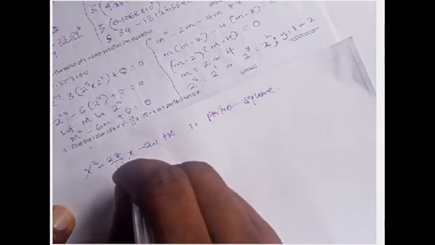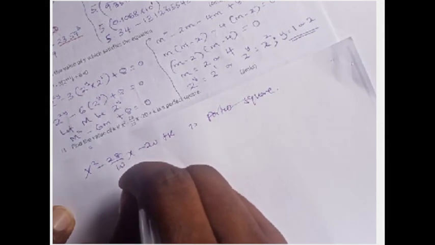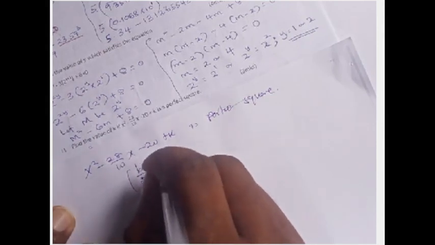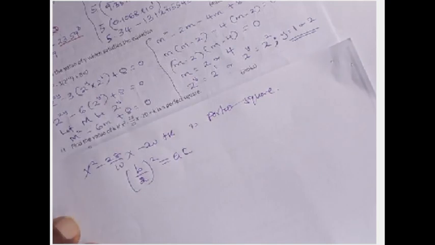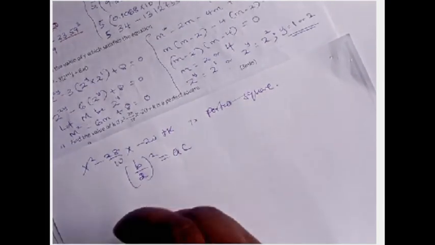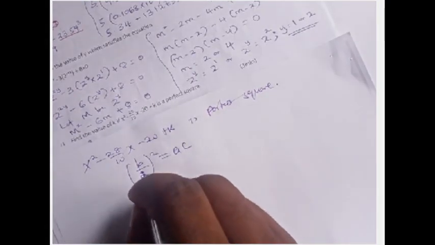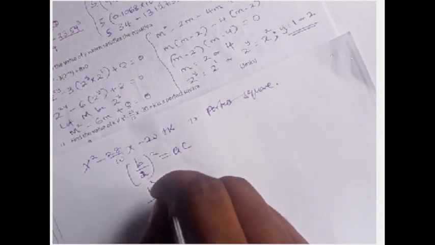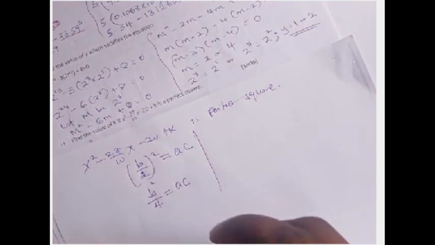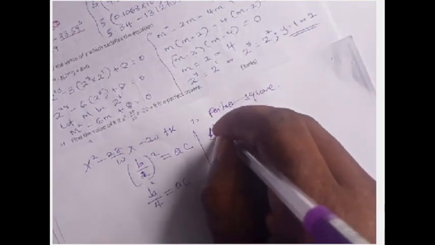The perfect square, we know that b over 2 squared is equals to ac. If we expand this one, b squared over 4 is equals to ac. So this one becomes b squared is equals to 4ac.